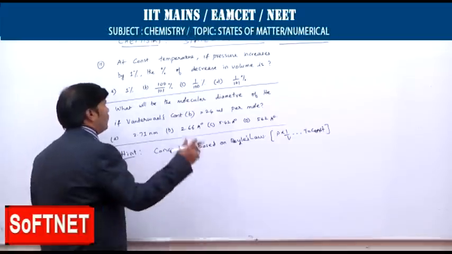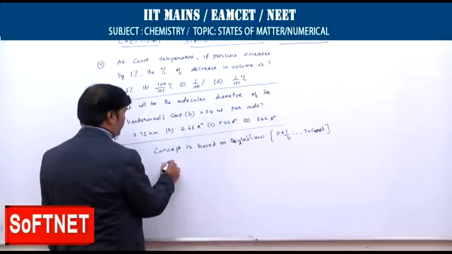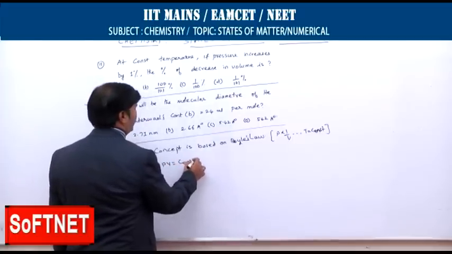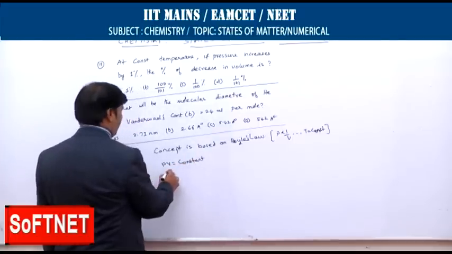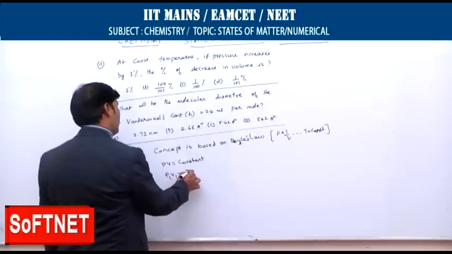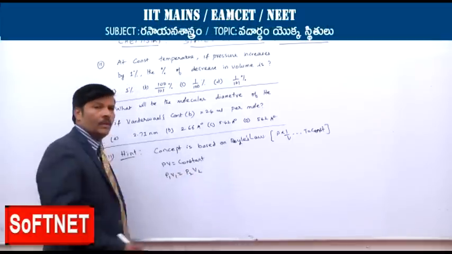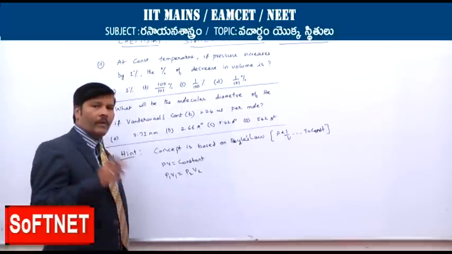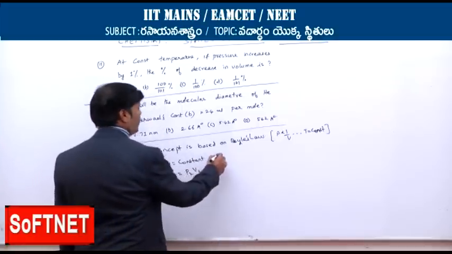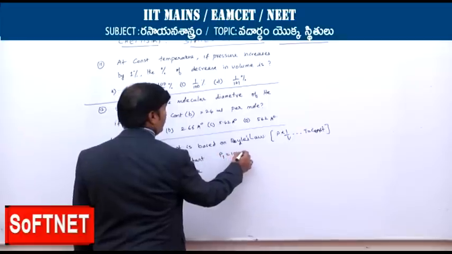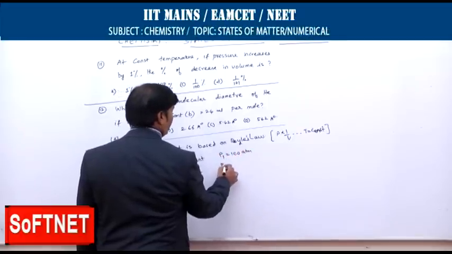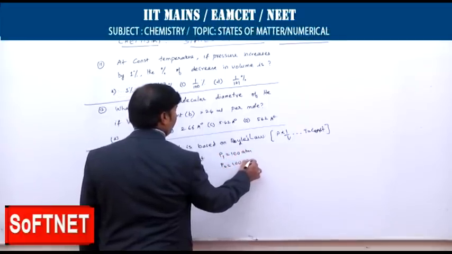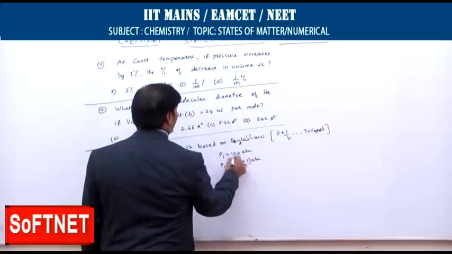So that is why we can say the product of pressure into volume is equal to a constant. So P1 V1 is equal to P2 V2 because the temperature is remaining constant. He is saying that the pressure increases by 1%, so I will assume that P1 is equal to 100 atmospheres and P2 is equal to 100 plus 1 atmospheres because it is increasing by 1%.